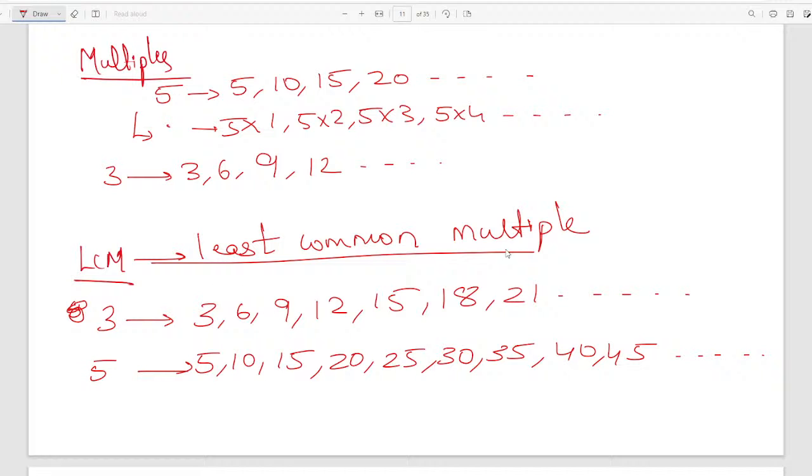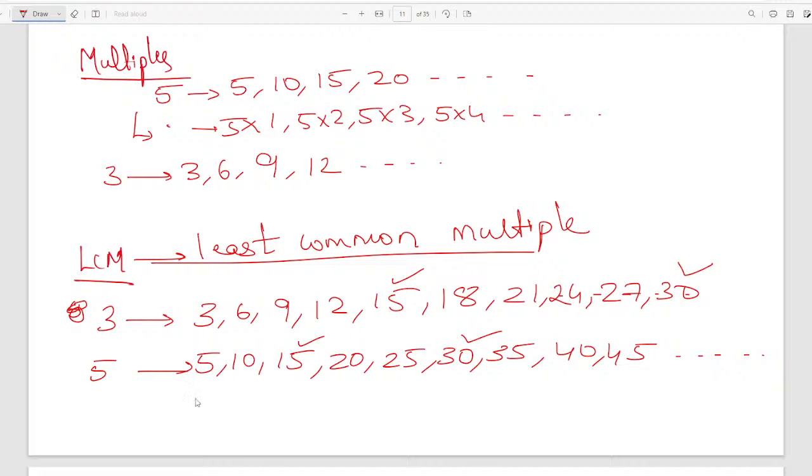And what is the least common multiple? We have to find the common multiples, and among those common multiples, we have to select the least one. For example, in this case, 15 is the common multiple here, the first common multiple. And then after 15, if I continue, you would get 24, 27, and 30. 30 would be the next common multiple.